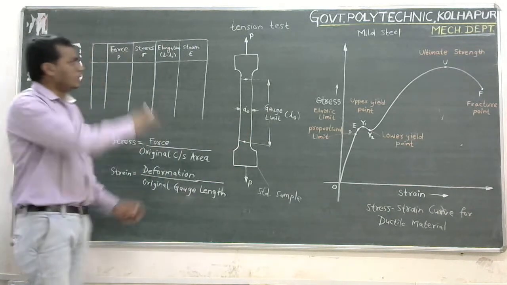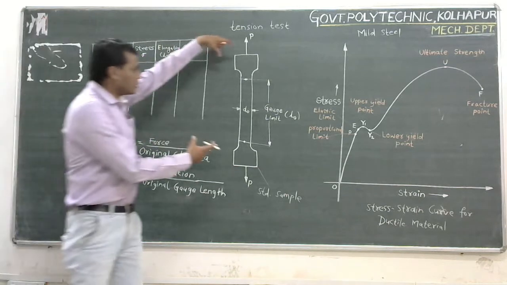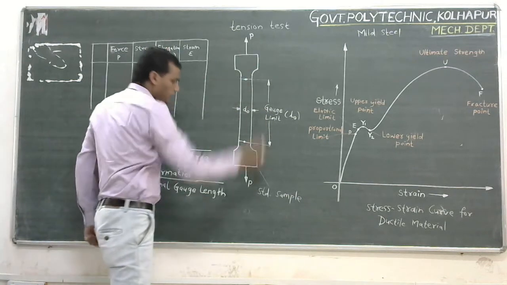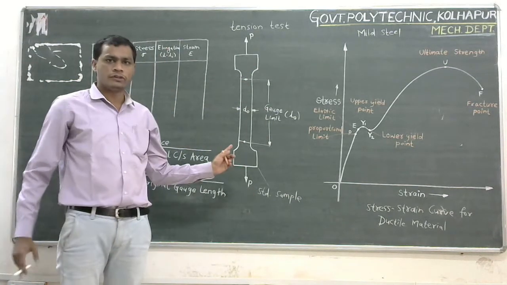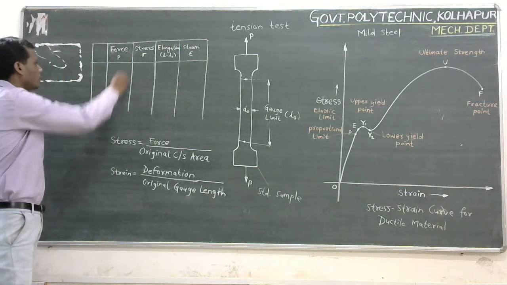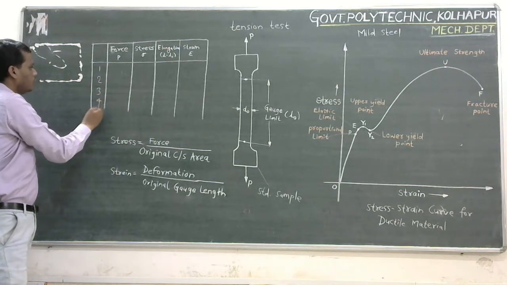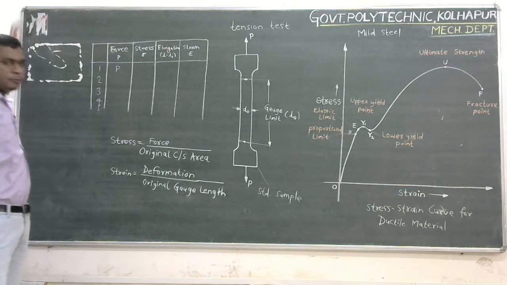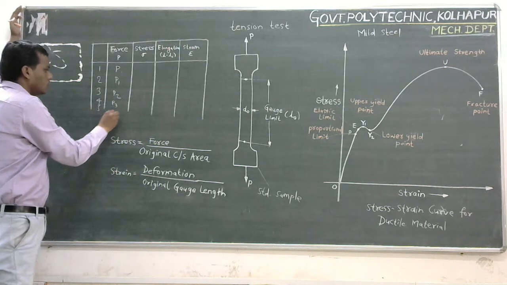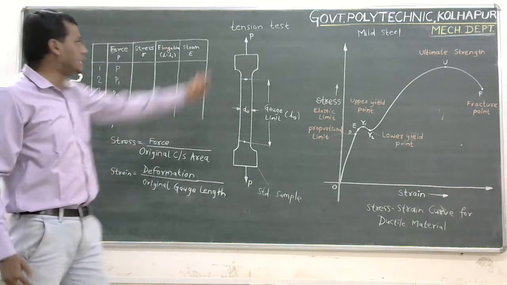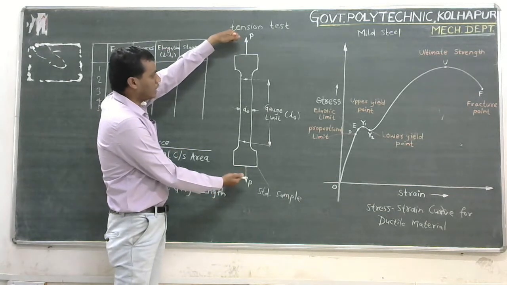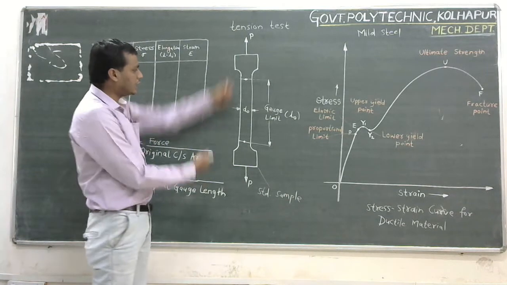Okay. So a standard sample is to be taken and this sample is fixed in the universal testing machine and a tensile force P is applied to this sample. And one table is prepared for different values of P. Suppose the initial value is P, then P1, P2, different values of applied tension force. So as this sample is applied with axial tension force, what will happen?